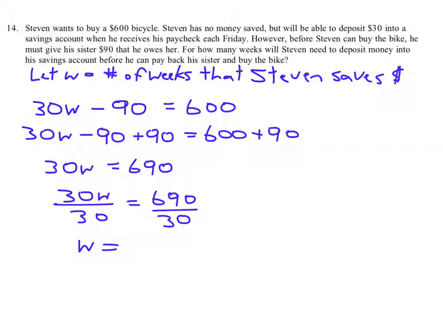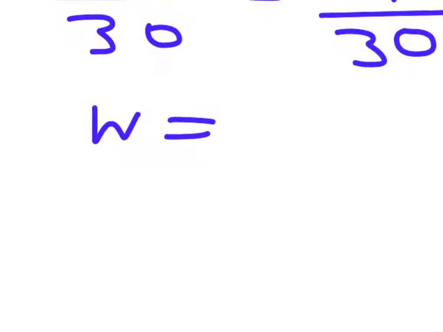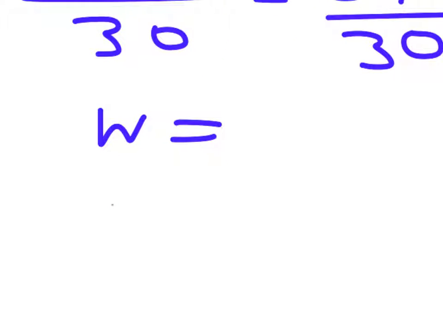Now, let's do this math over here on the side. Let's see if I can do this right. We zoom in here. Okay, I'm going to do the math down here. We're doing 690 divided by 30. And there's a fun fact about this, which is we could divide both sides by 10.